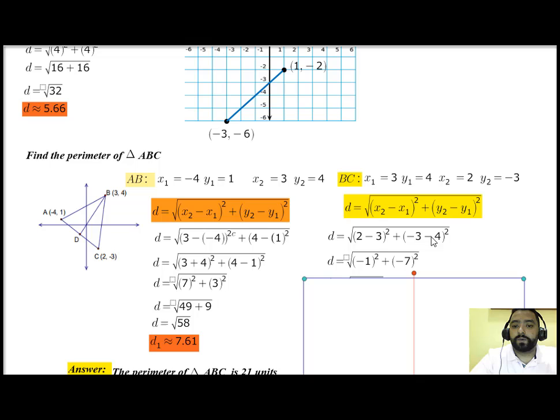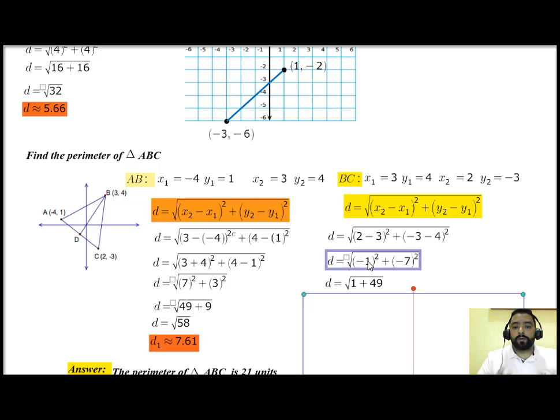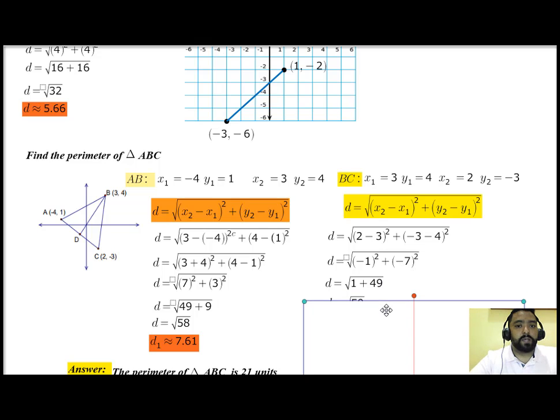In negative 3 minus 4, it's negative 7 to the power of 2. When you replace this value in the calculator, please use the parentheses. In parentheses, put a negative 1 and then to the power of 2, and you're going to have positive 1. Negative 7 to the power of 2 is going to be positive 49. If you don't use the parentheses, you're going to have a negative answer, so it's a wrong answer.